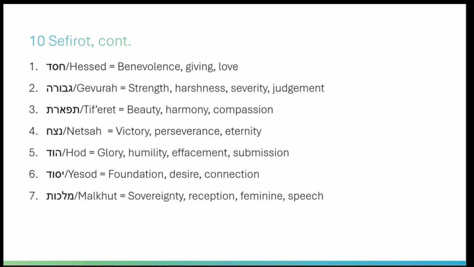Yesod literally means foundation, but the characteristic of Yesod is desire and connection, and Malchut is sovereignty, which is related to reception, to receiving. It's the feminine aspect, and it correlates with the idea of speech. In the next slide, we're going to talk about the 10 Sefirot in the body.